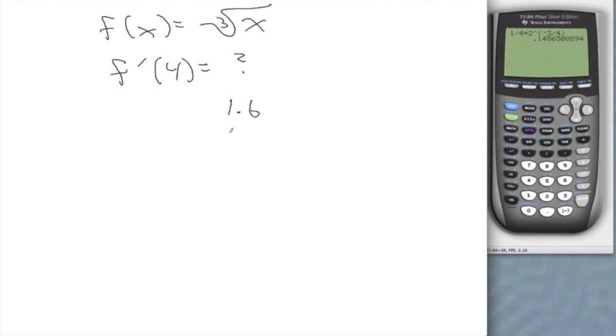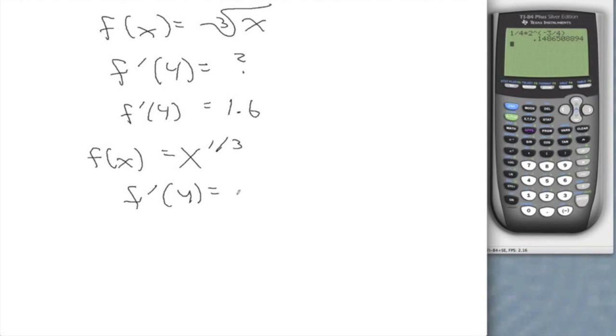Yep. 4 to the 1/3. Okay, did you give that a label? F prime of 4 equals 1/6, and right above that I had function of x equals x to the 1/3. So you wrote x to the 1/3. And what was the label you gave this? Function of x, so f of x, and then below that I had f prime of 4 equals 4 to the 1/3, and then I solved for that in my calculator.